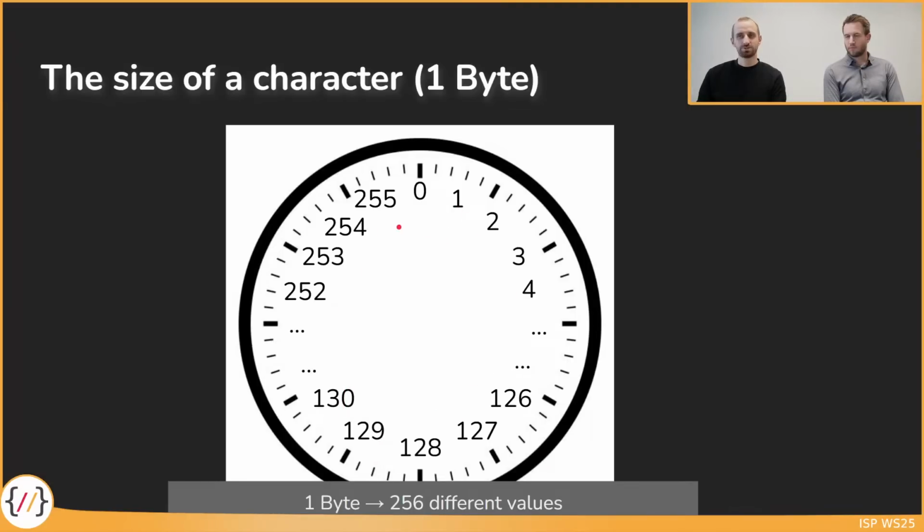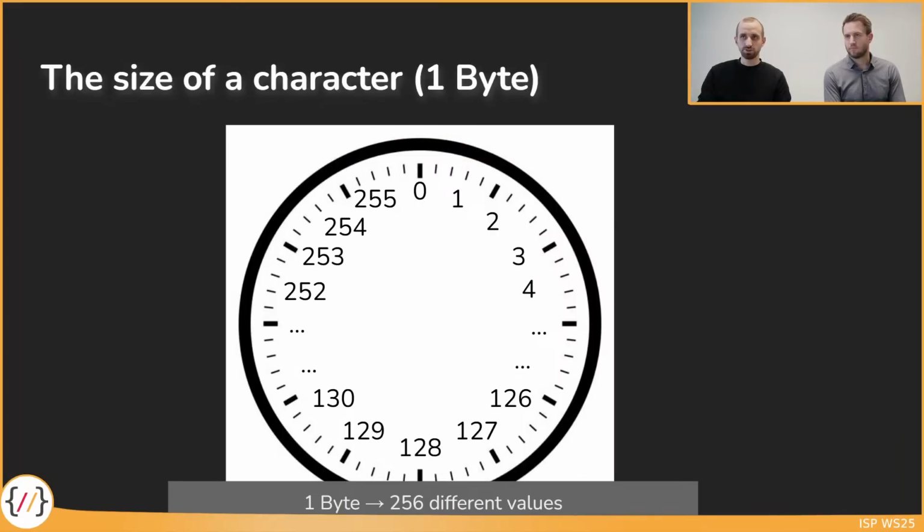You cannot display higher values with 1 byte. This is called an overflow. So we go higher than our data type can include or can cope with, so we go a bit too much and start at the smallest number again.